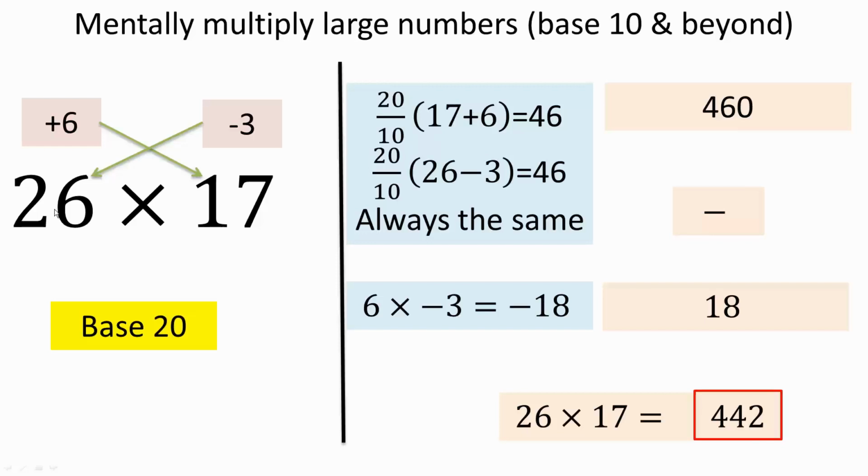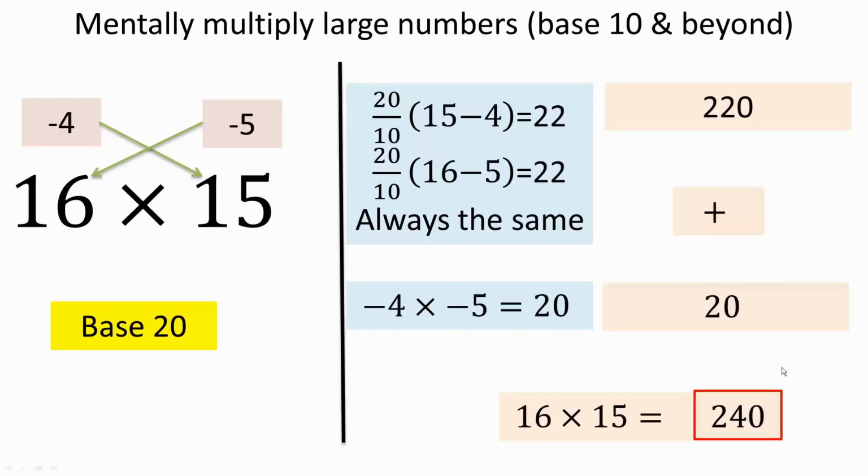Same way, 26 minus 3 is 23. 23 times 2 is 46. 46 times 10 is 460. Now we do 6 times negative 3, which is negative 18. So 460 minus 18 will be 442.